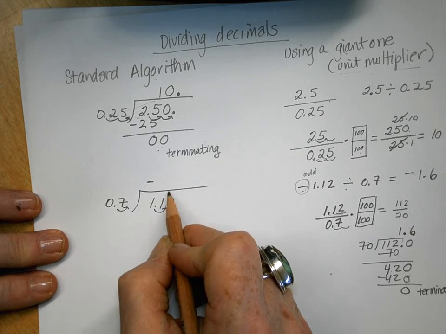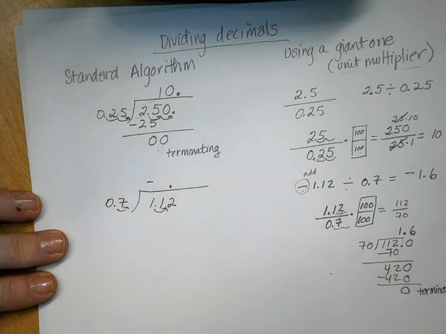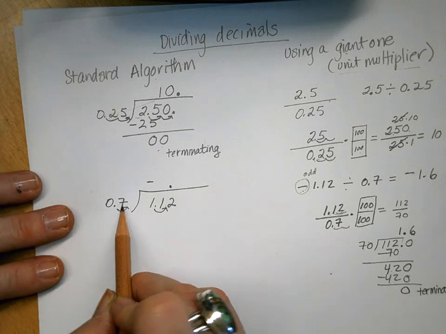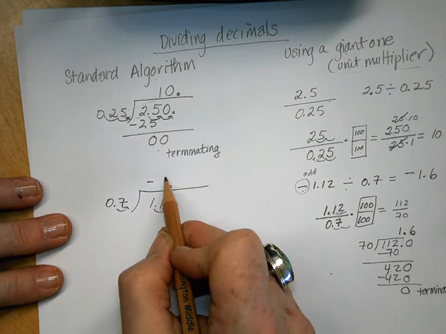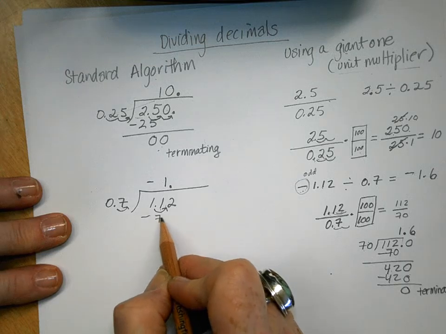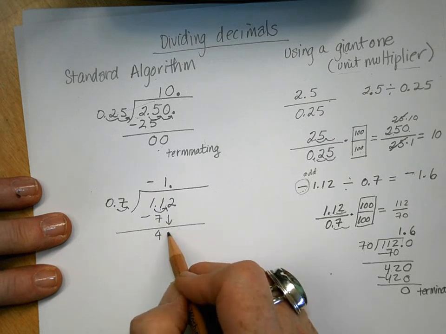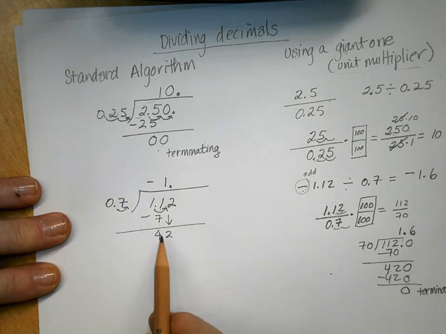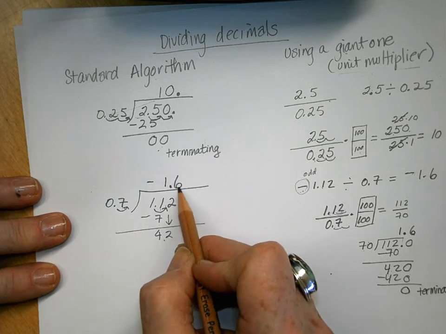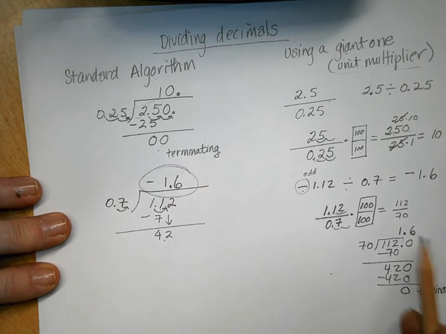My new decimal point will be right here. So I ask myself, how many times does 7 go into 11? Once. Minus 7. 11 minus 7 is 4. Bring down my 2. 7 goes into 42 6 times. And notice I get the same answer.